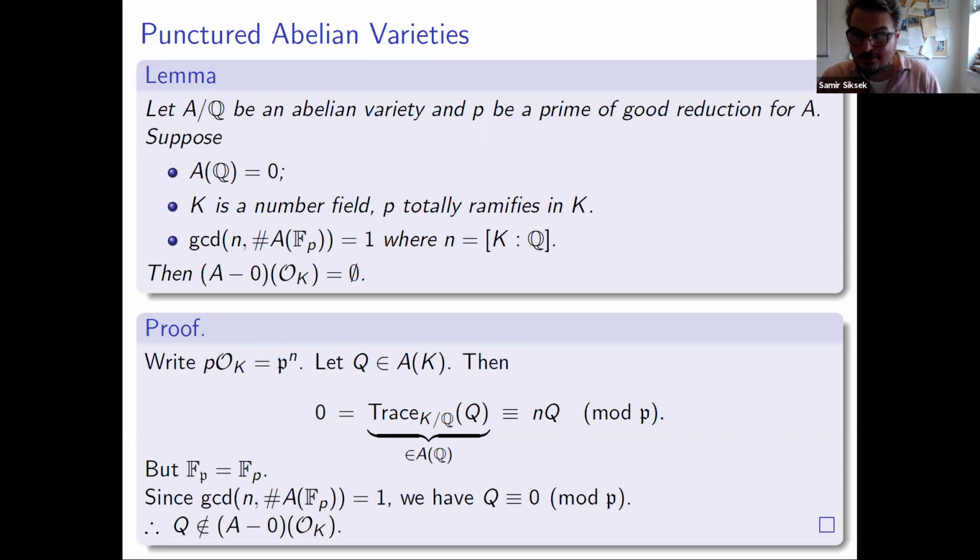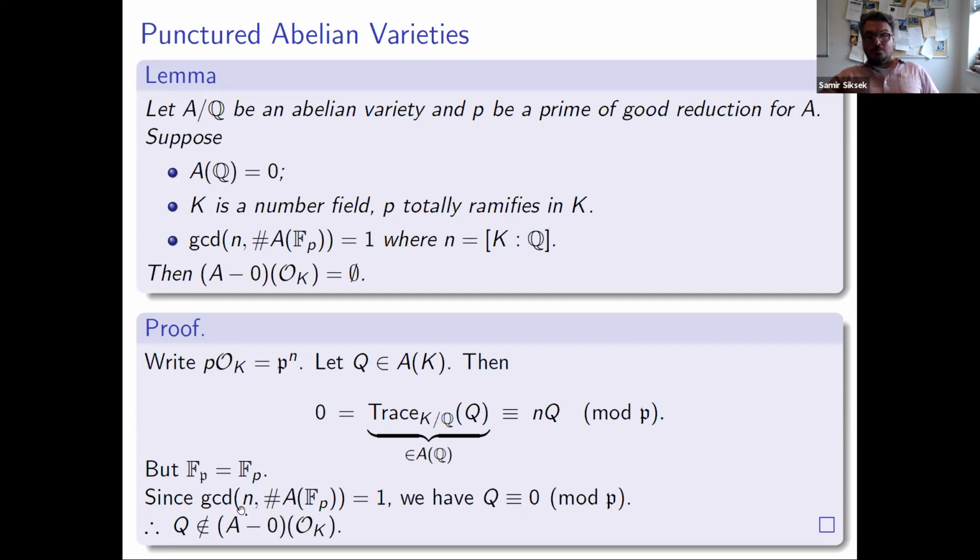This is like when we had a unit in the totally ramified case, and we took the norm, and said that's congruent to epsilon to the n. Here, when you take the trace of a point, you get nQ modulo your totally ramified prime. Another fact we need is that it has the same residue field as the residue field of the rational prime underneath it.